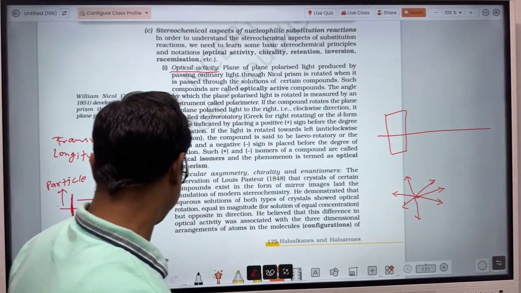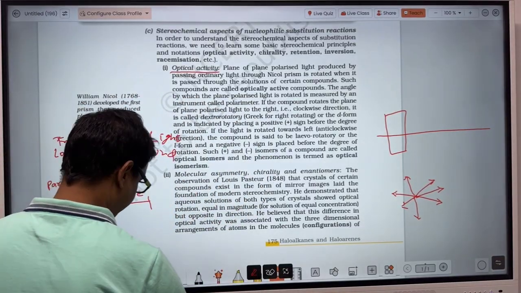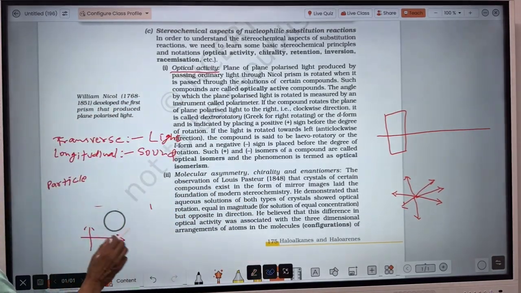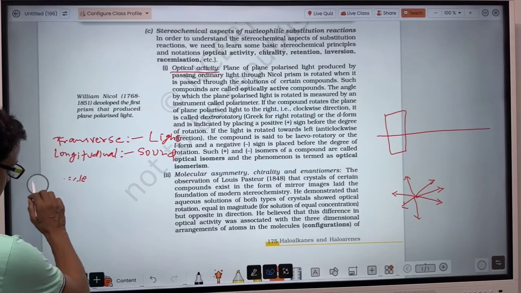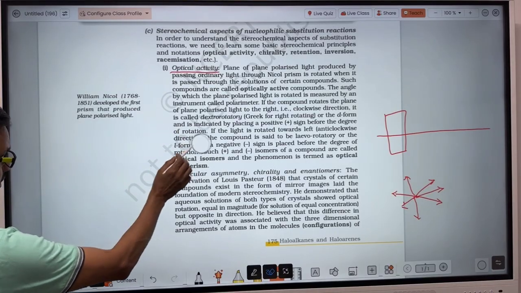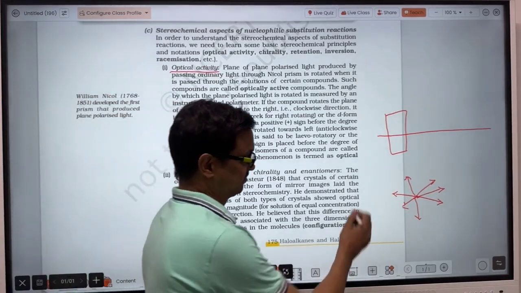When that light passes through a Nicol prism, the constituent particles vibrate in a single plane.